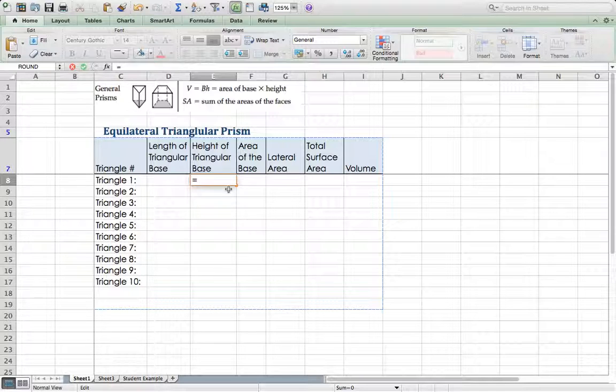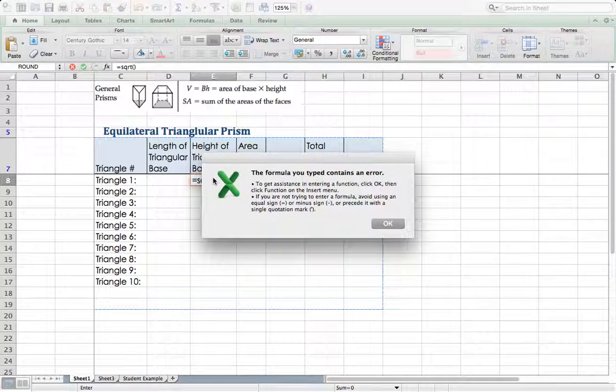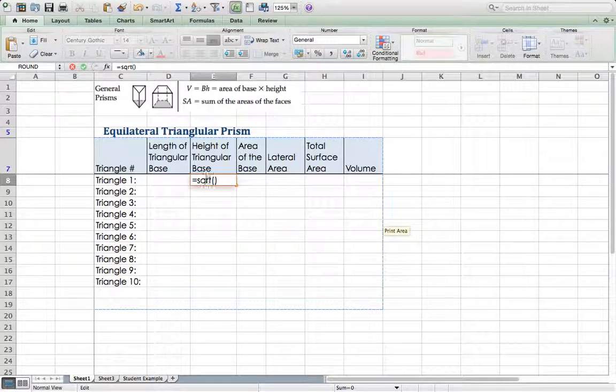So I know that in this it's a squared plus b squared equals c squared. And we have the c and we have the a. So we need to do square root of c squared, that will be the length of the triangular base, this little guy right here.